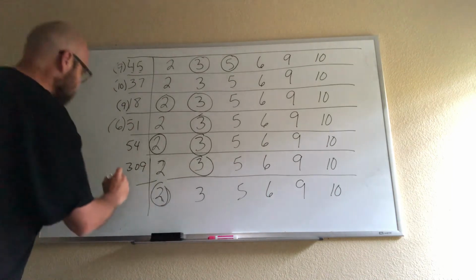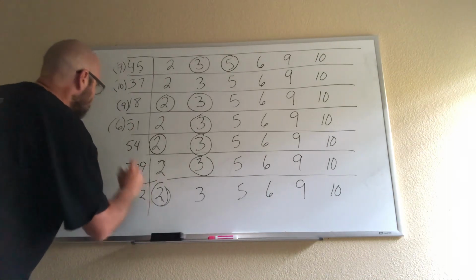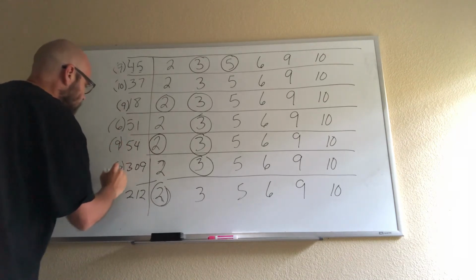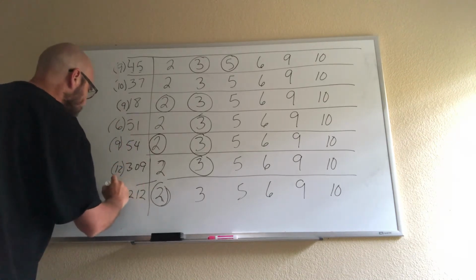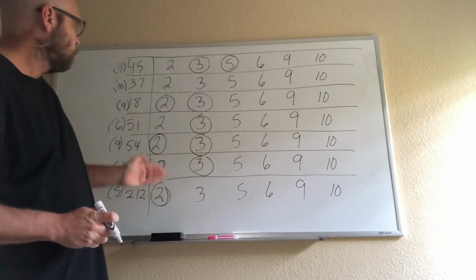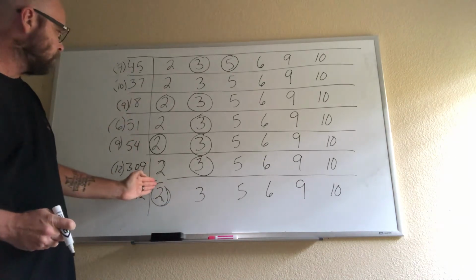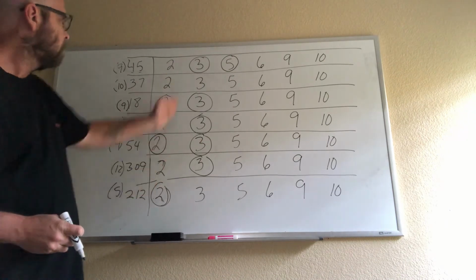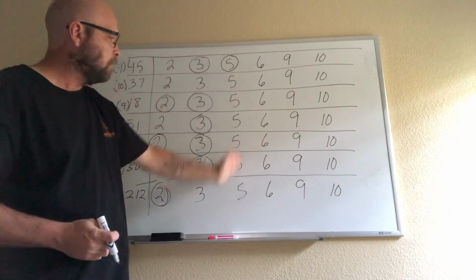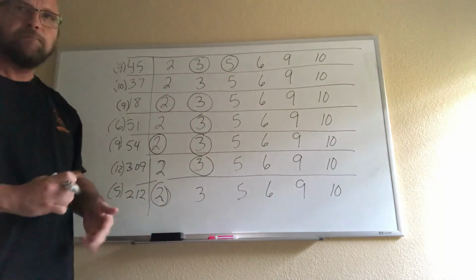And 212. That's 9. That's 12. And that's 5. All right. So right now, your 2 columns should have those checks in them. Your 3 column should have those checks in them. Your 5 column should have that check in it.